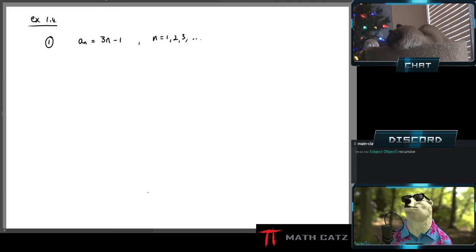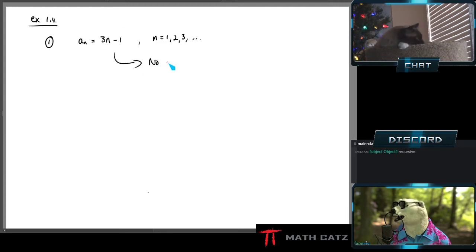Does it use previous terms, previous A's in the sequence in order to calculate its value? No, it does not. No other A's, so to speak. No previous terms in the sequence. It is an explicit formula.